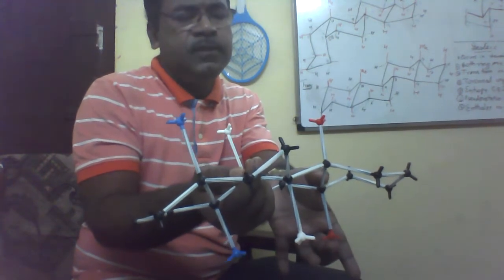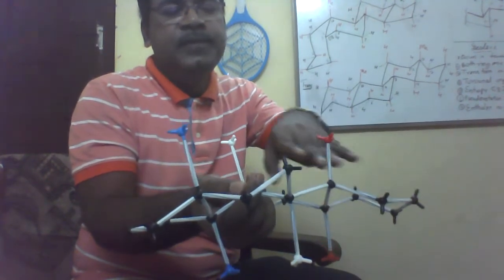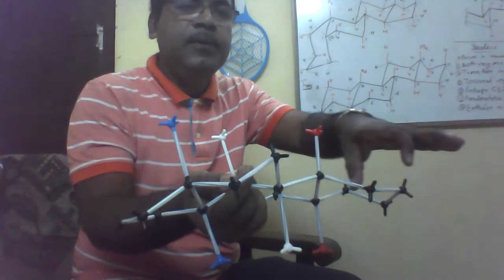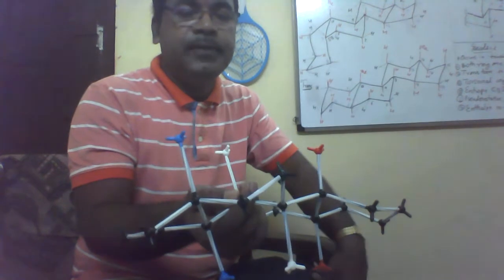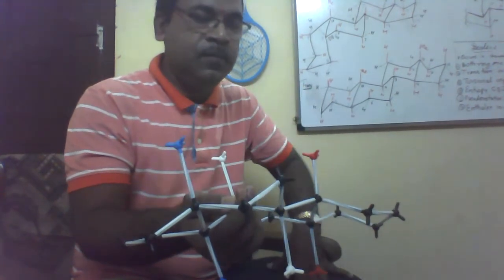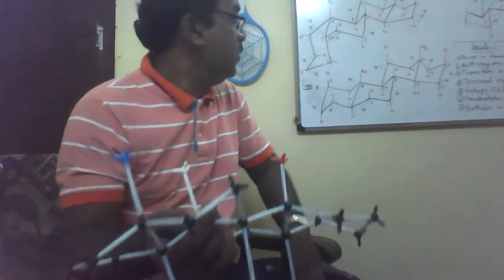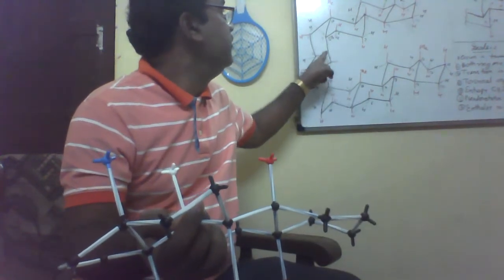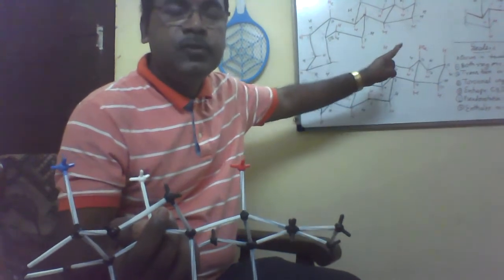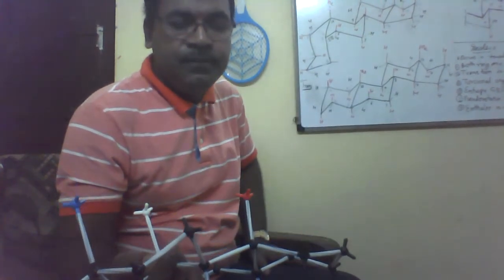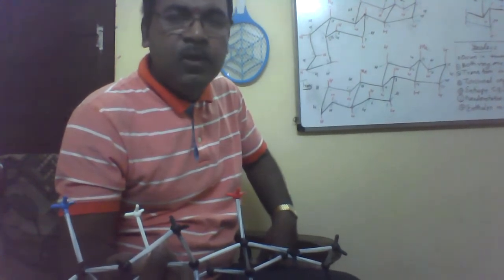So here see this ring joined with another ring by equatorial bond fusion. This ring to this ring is equatorial, and the last one is also equatorial bond fusion. Now this is about trans form. Only in this form the first ring gives us axial equatorial. Otherwise, all the remaining show equatorial bond fusion. And equatorial bond fusion is a rigid molecule. Axial bond formation is not possible in the molecule.